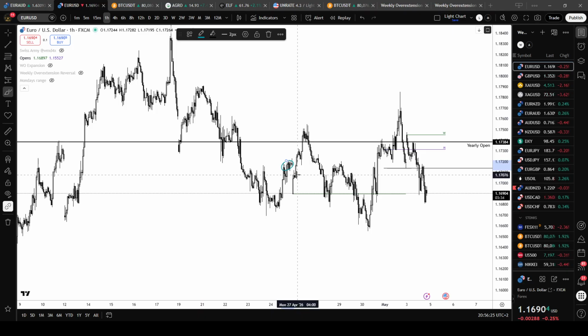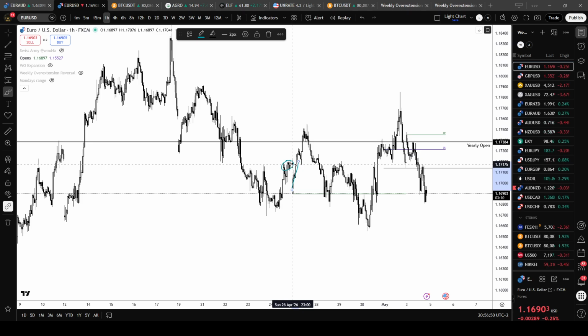When that happens, you have to be very, very careful, because if the gap gets filled and price pushes up, then it's much more likely to push higher, right?